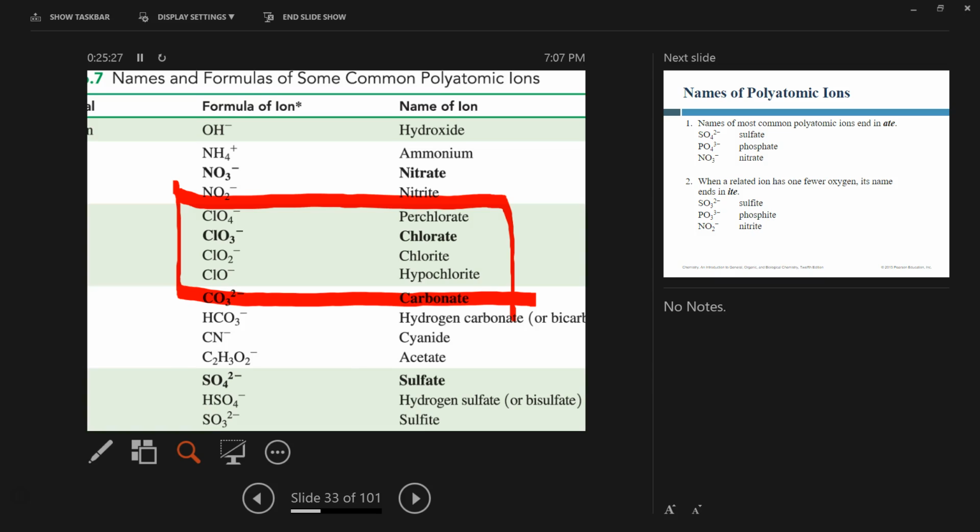Now, bad news. I'm not teasing you, I'm just telling you. You need to know this 4. Good news. If you know the names for the chlorine, you know the names for bromine and iodine, because you just replace CHLOR with BROM, right?